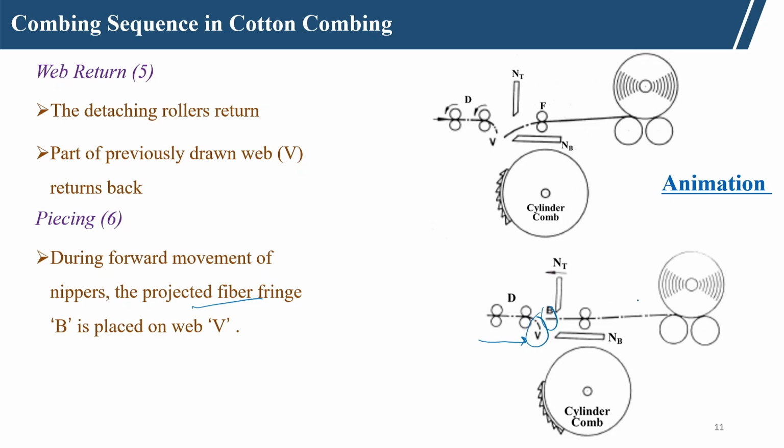Then the nipper continues moving forward. By that time the detaching roller starts its forward movement. So this joined overlapped fringe comes under the action of the nip of the detaching roller, and the newly combed fringe will be detached from the remaining lap. During that time the top combing takes place.